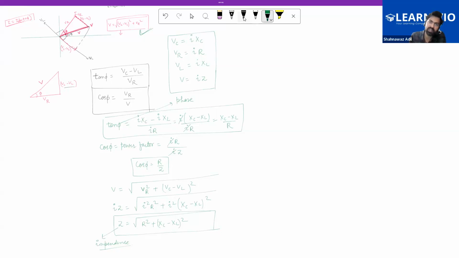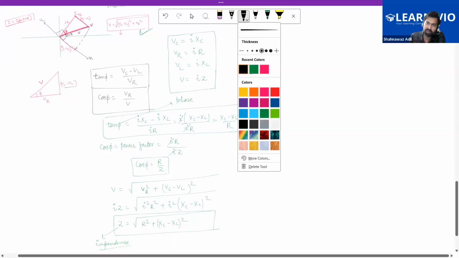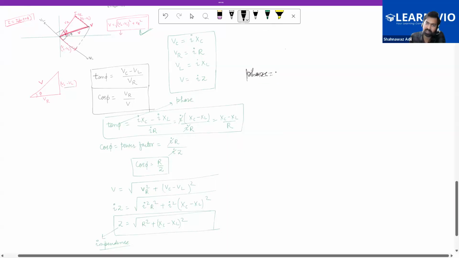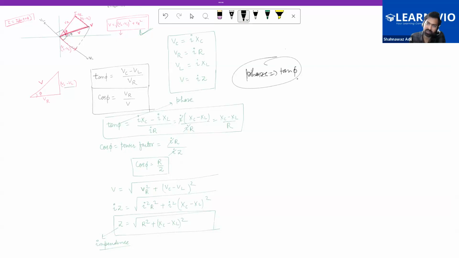Whenever they ask what the phase is, phase is calculated using tan phi, because phase is phi. If voltage is given, then you use that form. If reactances are given, this is how you calculate.